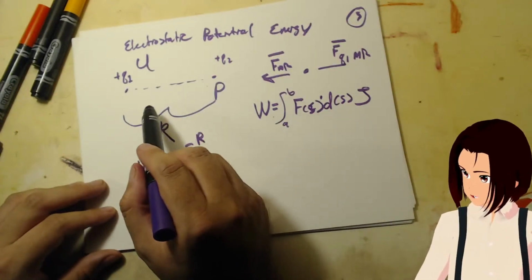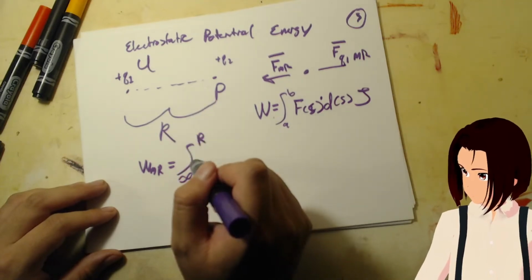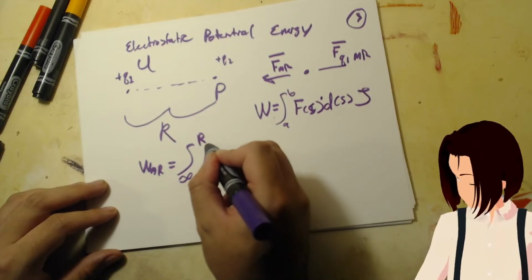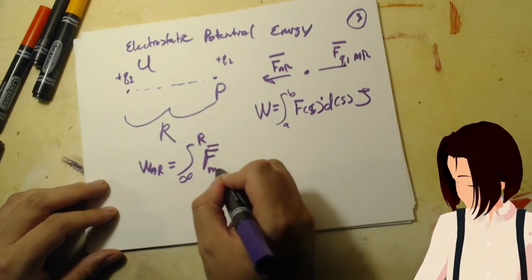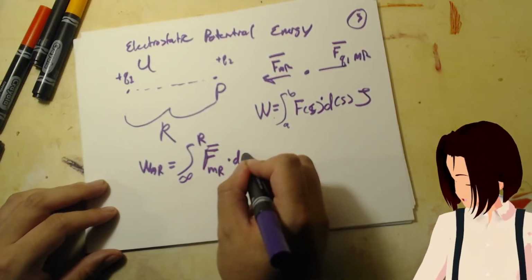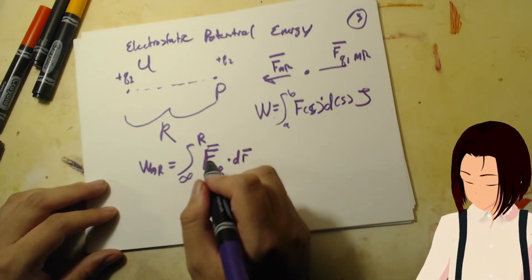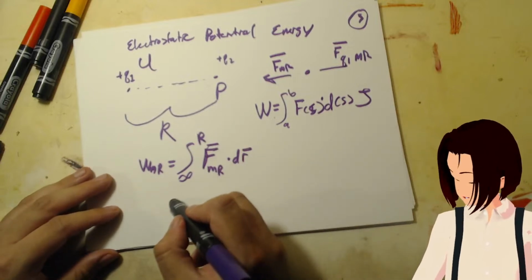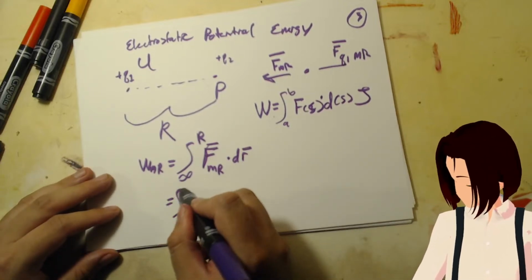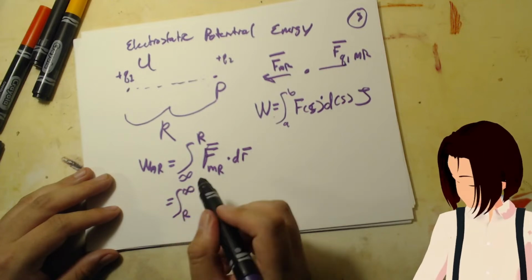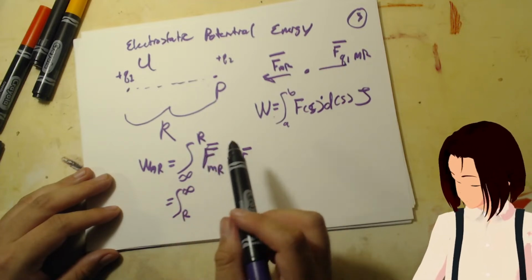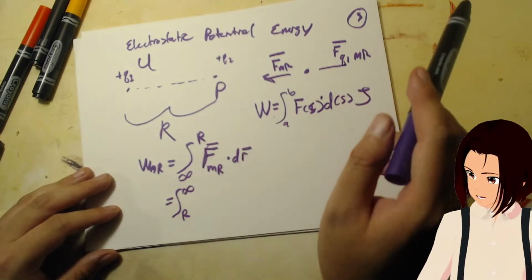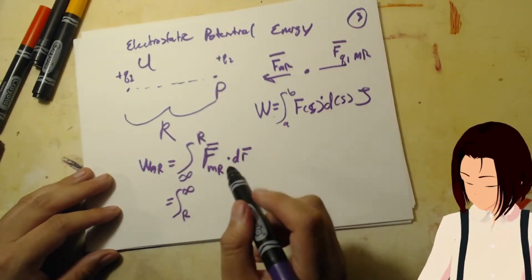So we're going from infinity to r of F dot dr. I'm not doing this integral, it's dumb. I'm doing an easier integral, going from r to infinity.